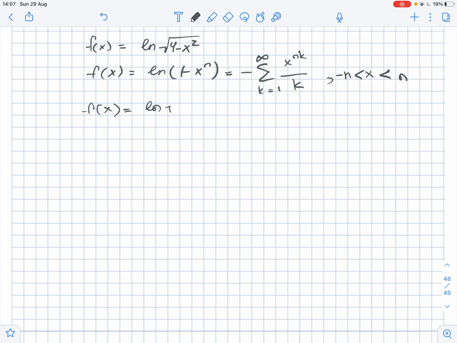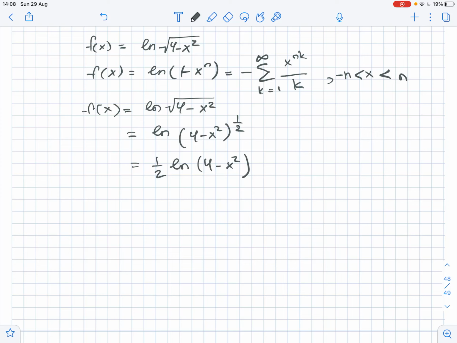So let's consider f of x, which equals ln of the root of 4 minus x squared. We can rewrite it as ln of (4 minus x squared) to the power of 1 over 2. We will use the power rule of logarithms, and we get that this equals 1 over 2 times ln of 4 minus x squared.